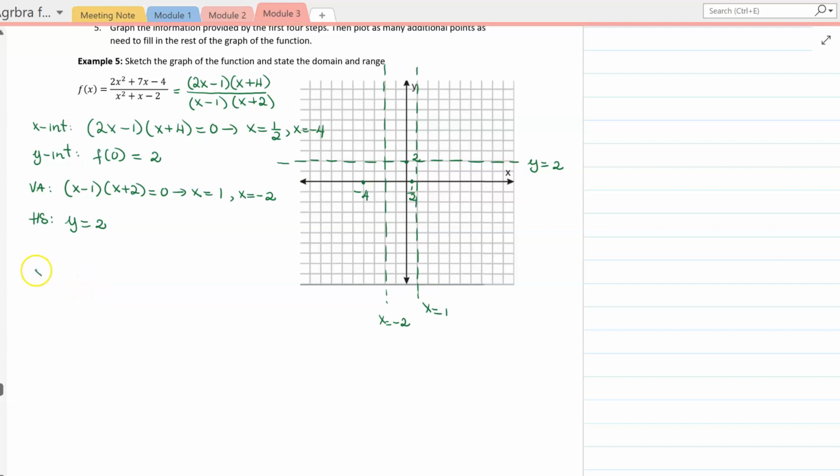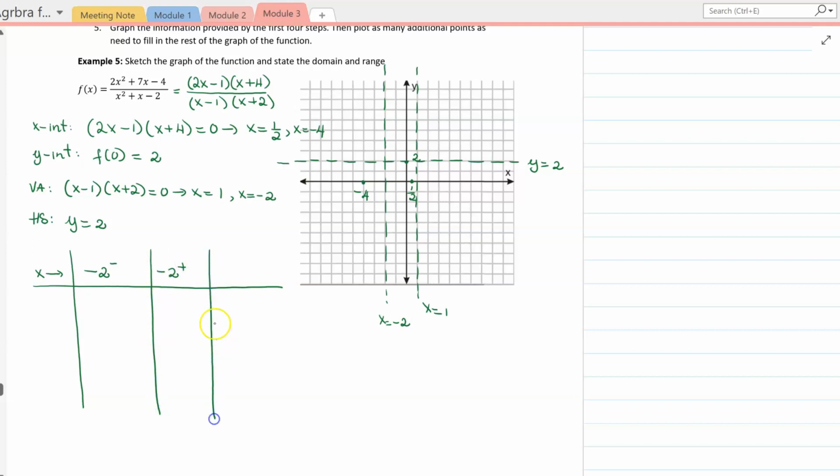So what happens as x approaches something? Here we have two vertical asymptotes, right? So what happens if x approaches negative 2 from the left? As x approaches negative 2 from the right? As x approaches 1 from the left? And as x approaches 1 from the right?